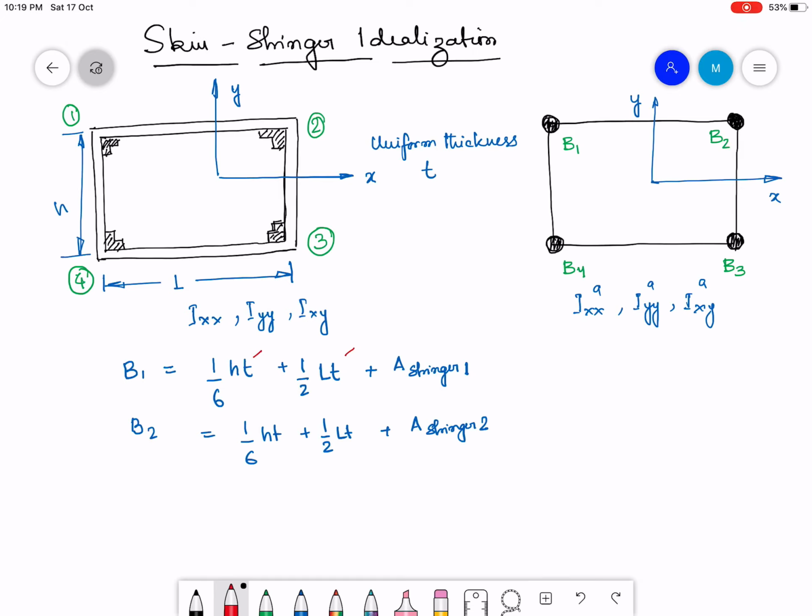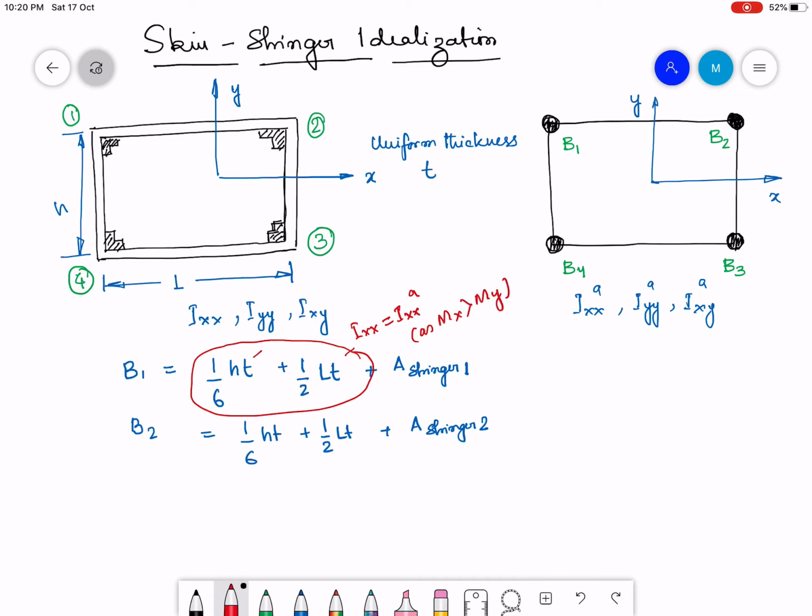Now, if you remember the formulation that we did in the last class, this part was obtained by equating Ixx to Ixx_a, as Mx was greater than My.